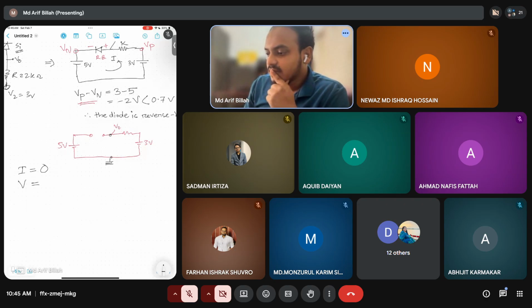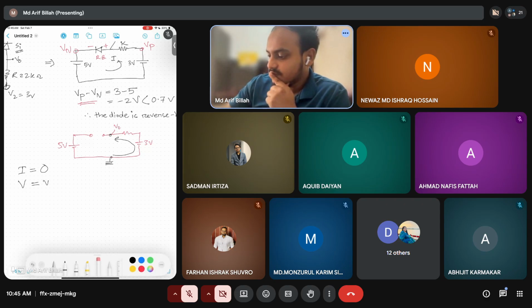Since there is no current, there is no voltage drop. No voltage drop across this part. So yes, it's 3 volt.